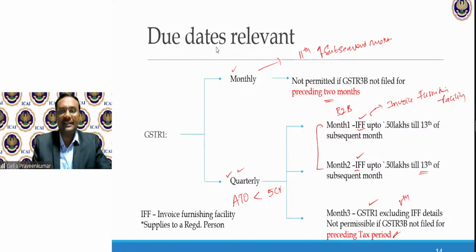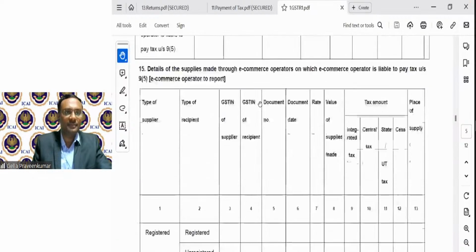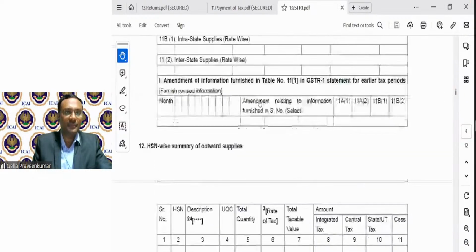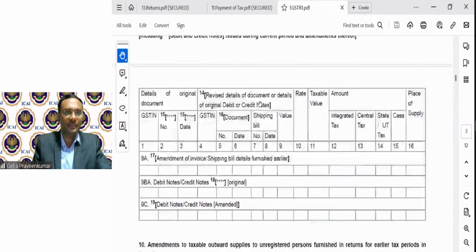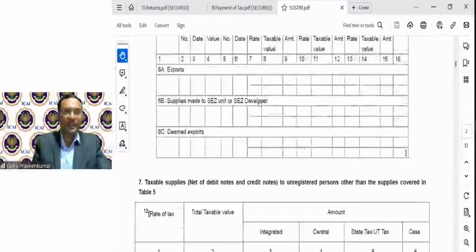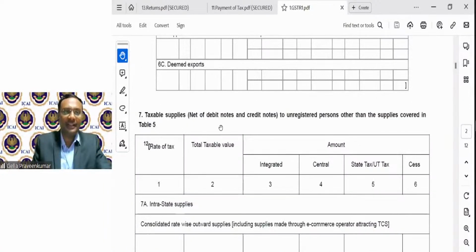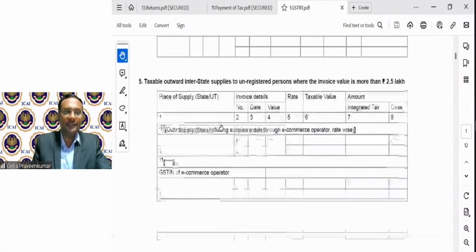Then Chirag is asking this question, sir, invoice-wise details required in table number 7. Viraj, okay, I'll just come back to explain this. See, before table 7, we need to understand table number 5.